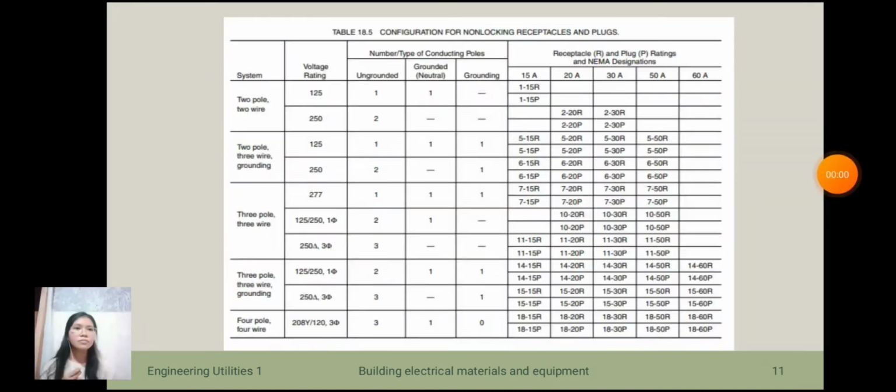Next is the table, the configuration for non-locking receptacles and plugs. So we have the system, the voltage rating, the number or types of conducting poles, and the receptacle and plug ratings, and NEMA or National Electrical Manufacturers Association designation. So dito po tayo magbe-base ng ating system.